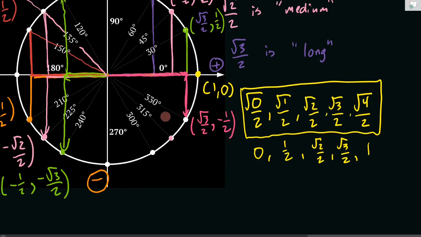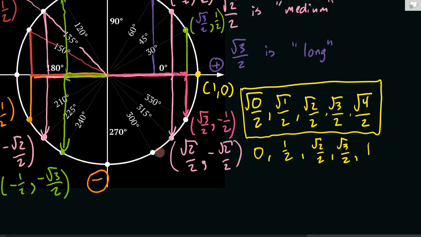My medium point here is positive medium size, negative medium size. And my last point down here is positive short, negative long.